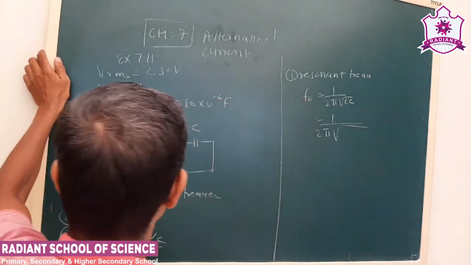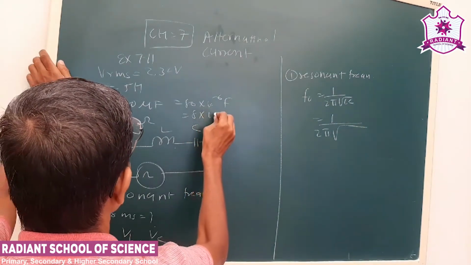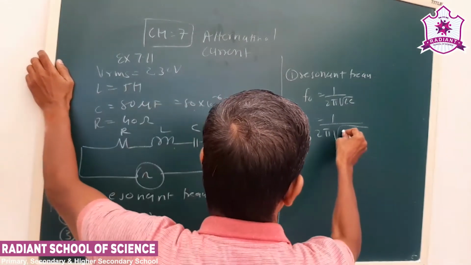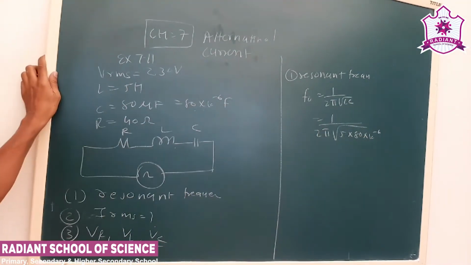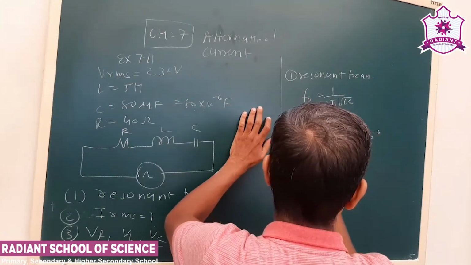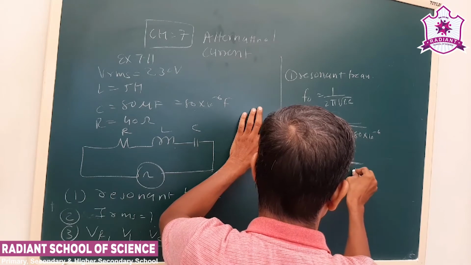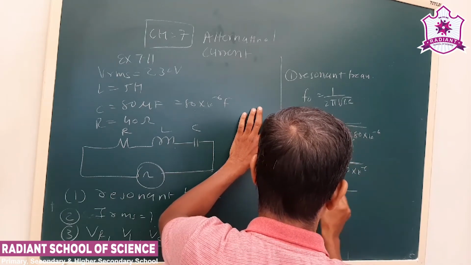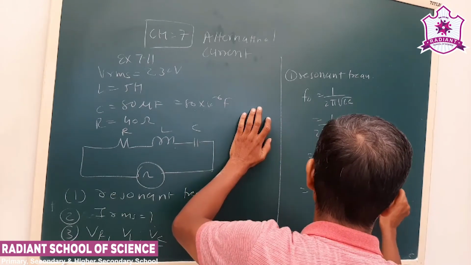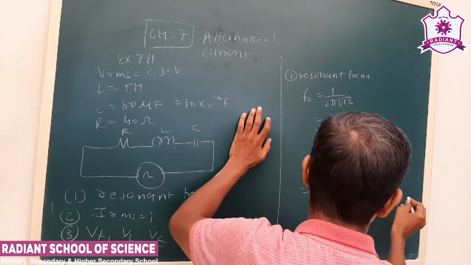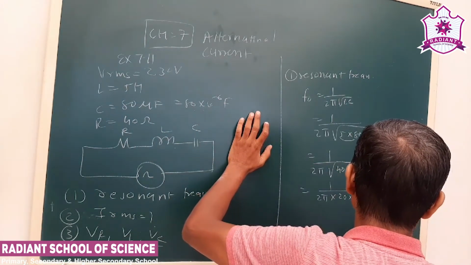Okay, now we substitute the values. We can put 5 into 80 into 10 to the power minus 6. Again, here it is an even power, so we keep it as it is. 2 pi, 400, so 100 upon 4 pi.